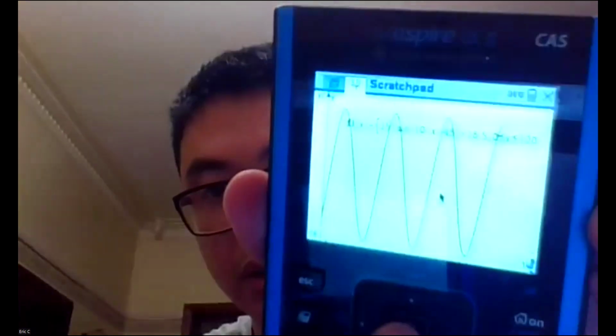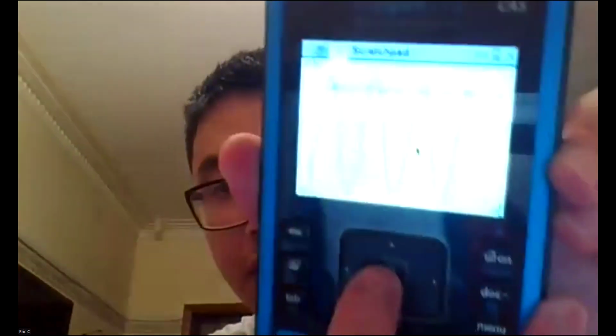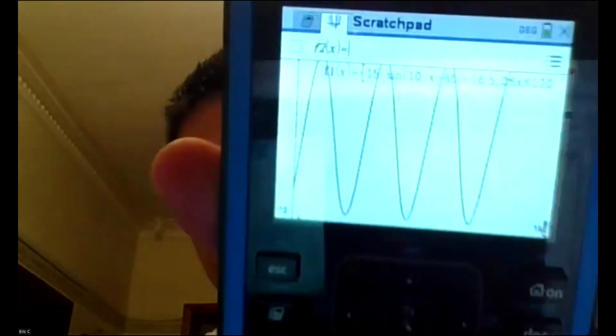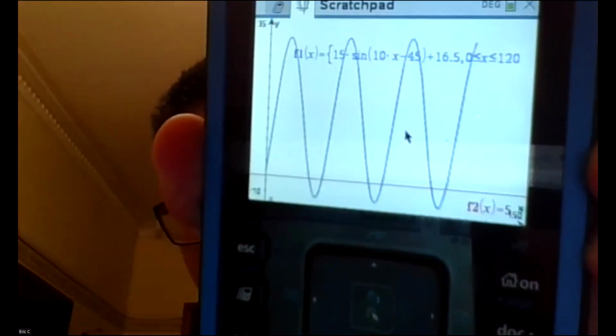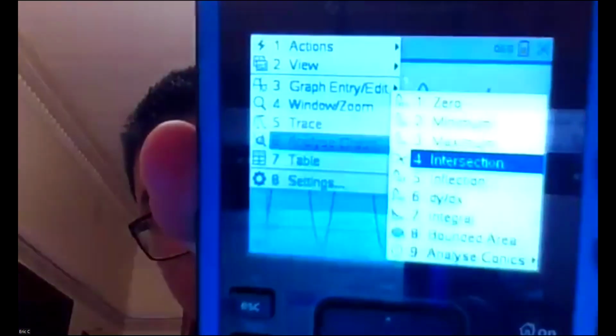How we do that is you double click the blank page, anywhere that's blank. Then you have f2(x) equals 5, and just press enter. That should give us a nice straight line where y equals 5, or h equals 5. And then go to menu, analyze graph, and intersection. Press enter.